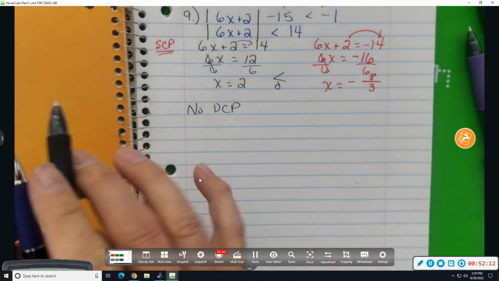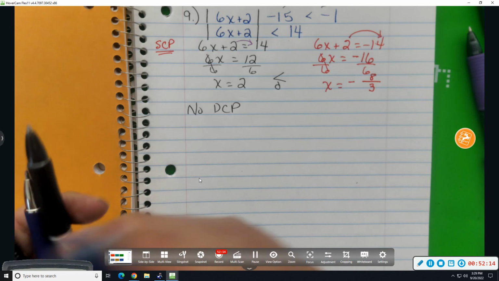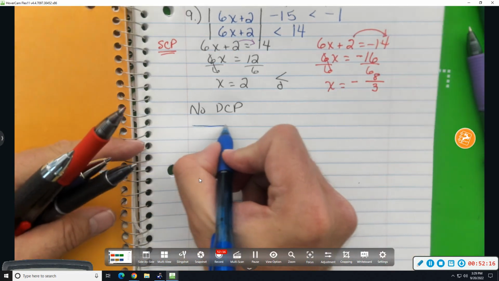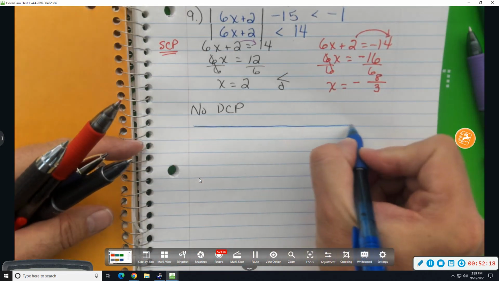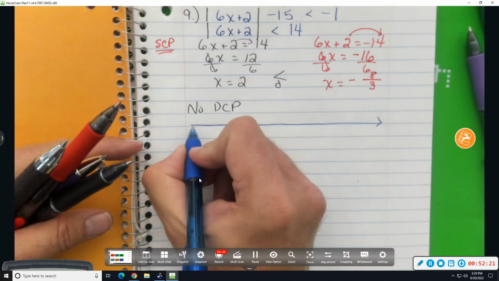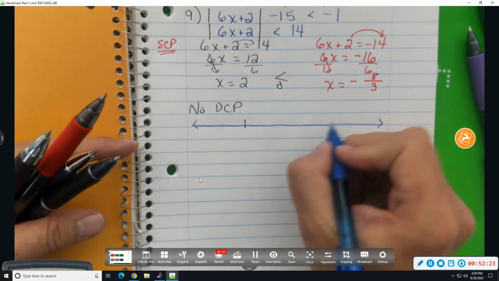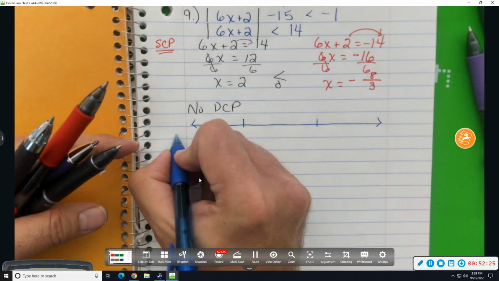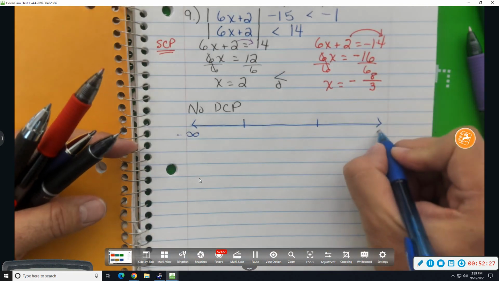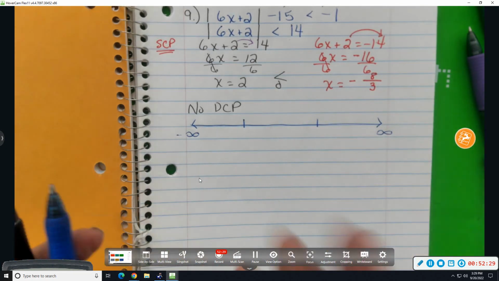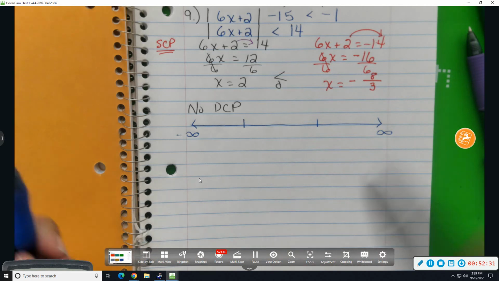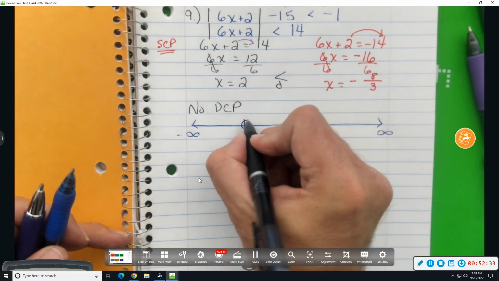I'll draw my number line. Make sure you put these two numbers, they both have open circles. Make sure you're putting them in the correct numerical order.